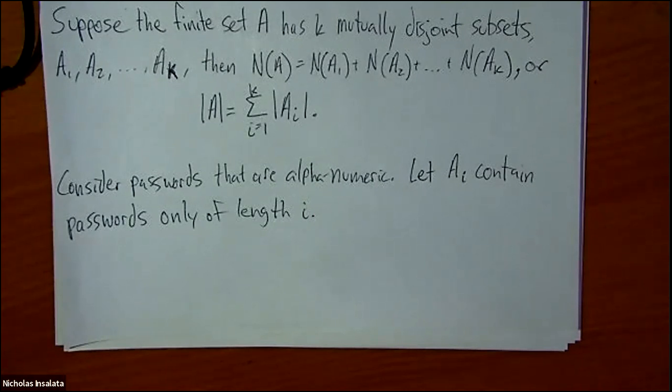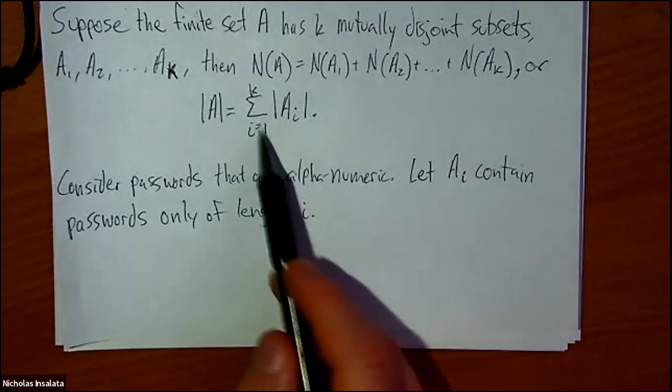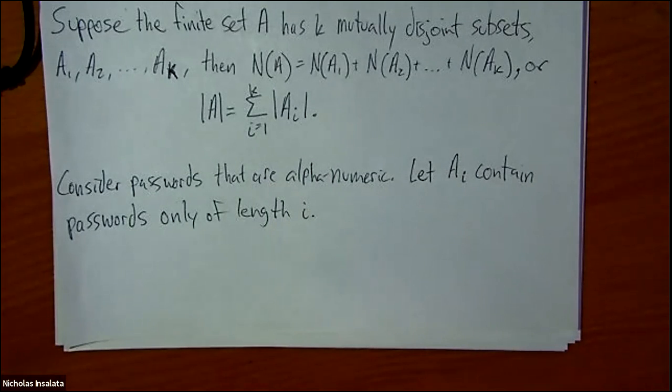Does it make sense that, if these were all distinct, then we can add up their sizes and get the whole set?